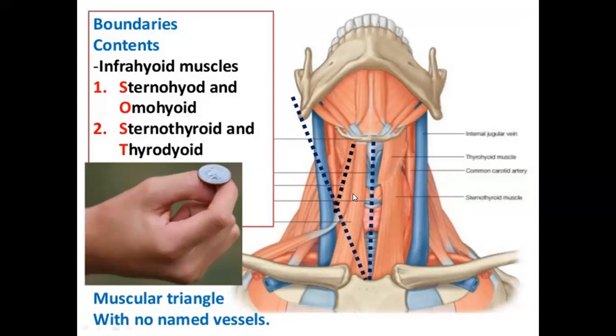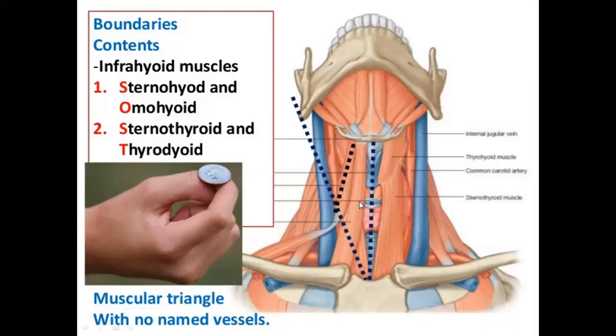Within this you have sternohyoid, sternothyroid, thyrohyoid, and the superior belly of omohyoid. Four muscles lie in this muscular triangle.